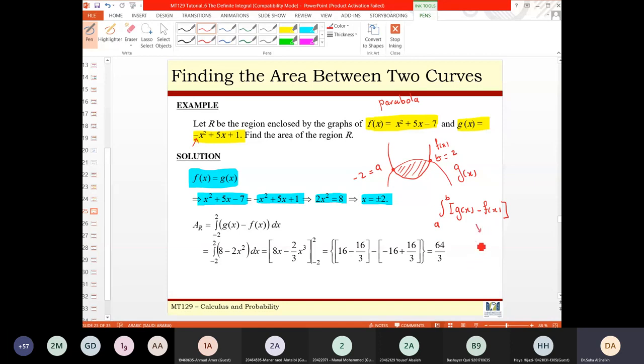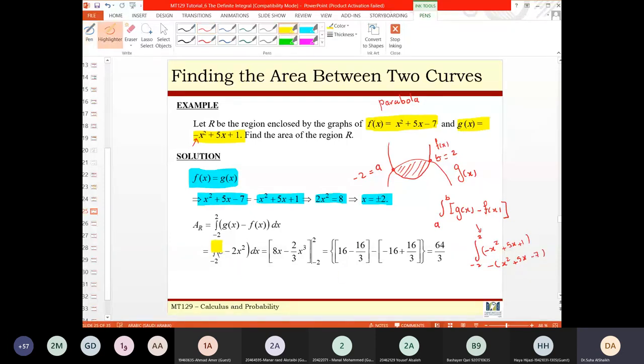And then the integration will be from minus 2 to 2 of g of x, which is minus x squared plus 5x plus 1, minus f of x, and f of x is x squared plus 5x minus 7. Simplify it out.